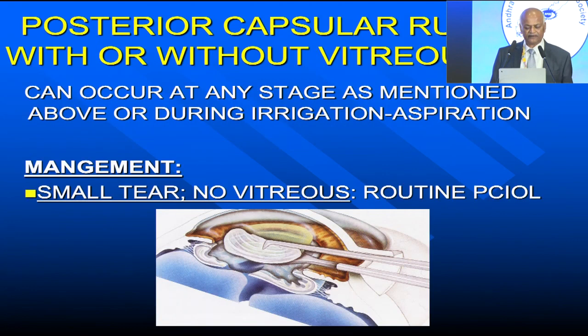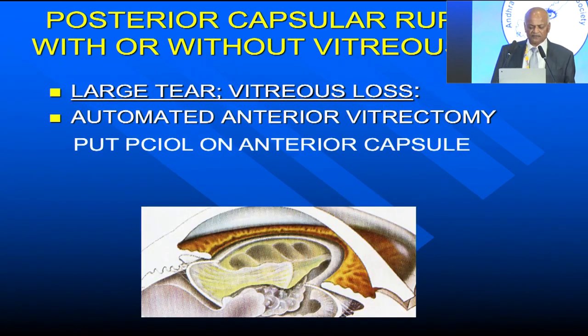So we will have to avoid the posterior capsular rupture with or without vitreous loss. It always happens and can occur at any stage of your surgery. So always remember that whenever you are making it, you can get such types of complications, and you must avoid that. Now, if the posterior capsule is ruptured, you should do the anterior vitrectomy, see whether there is vitreous in the anterior chamber or not, and then put a PCIOL.